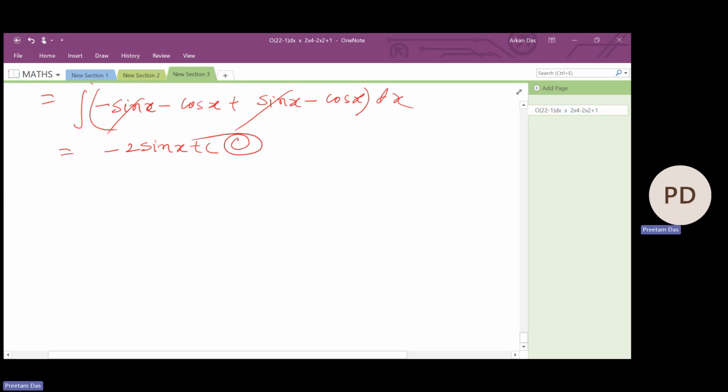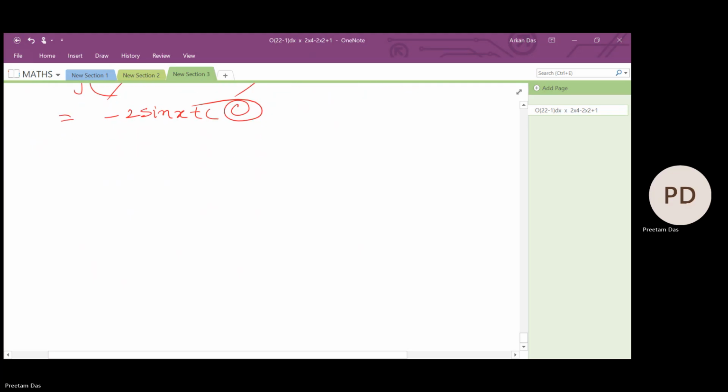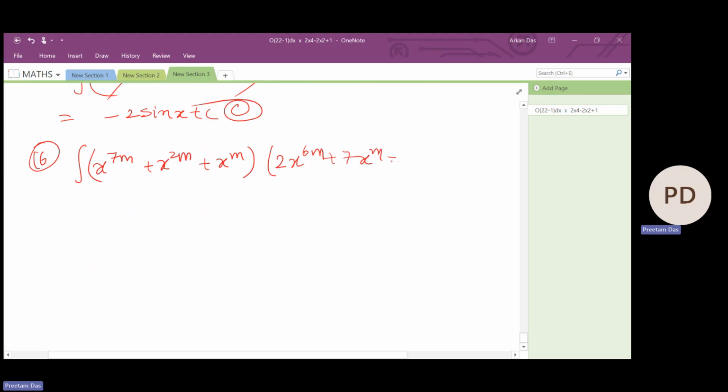16th again. So x raised to 7m plus x raised to 2m plus x raised to m, times 2x raised to 6m plus 7x raised to m plus 14, whole raised to 1 over m, dx.